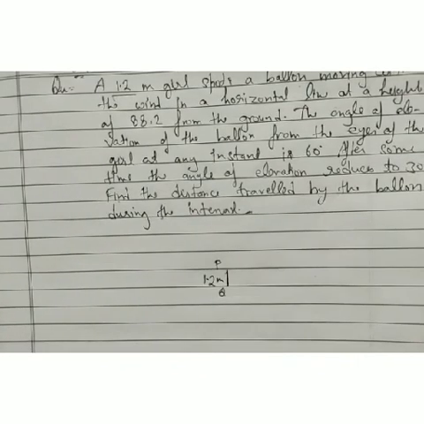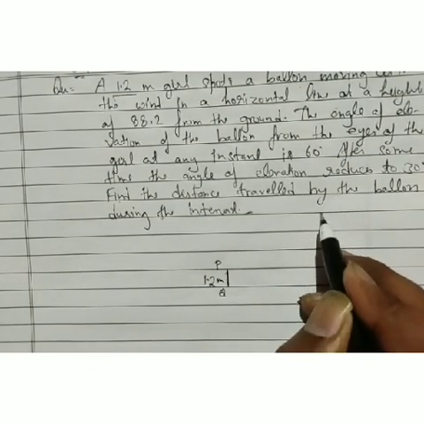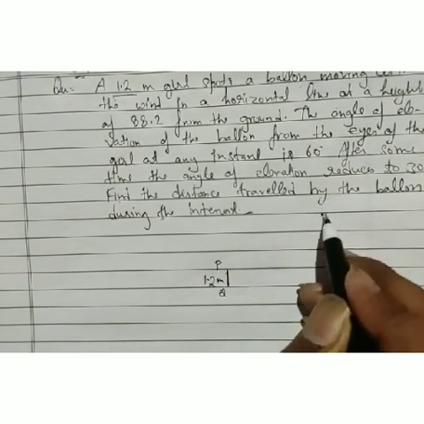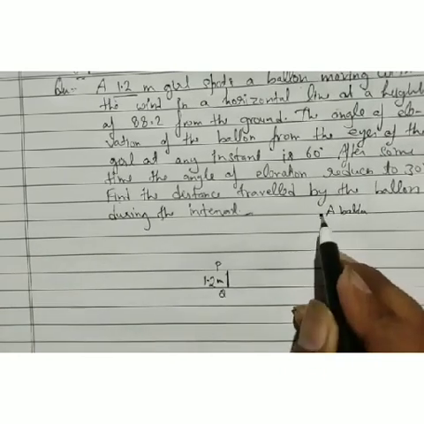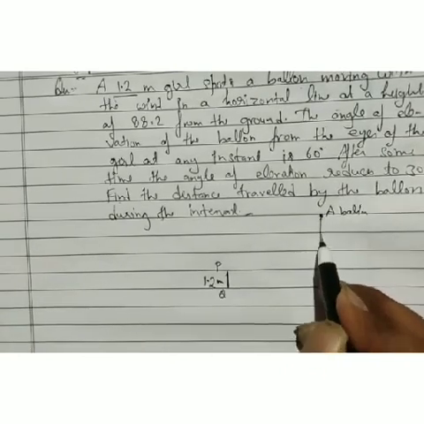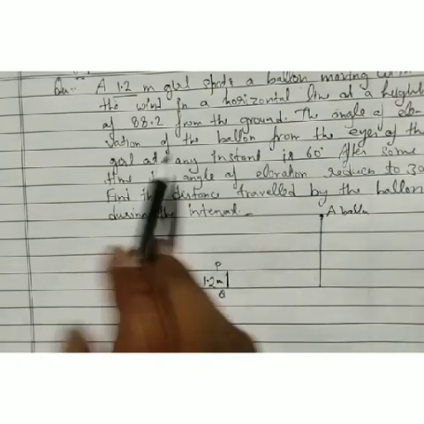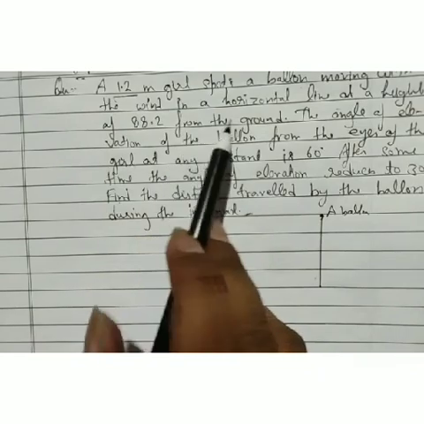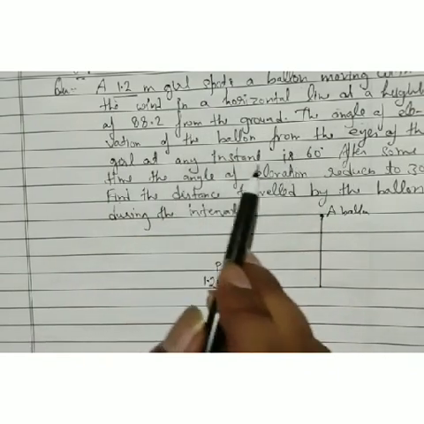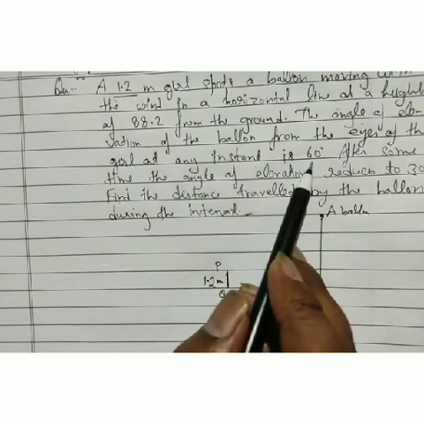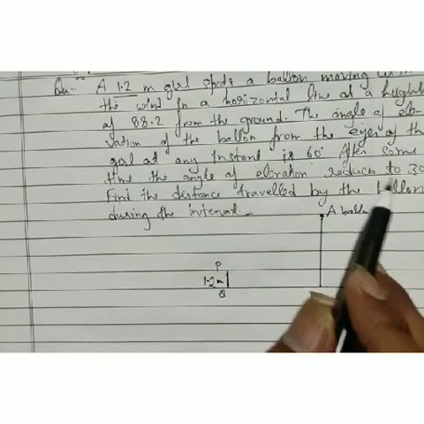Then look at the point A, where the girl spots the balloon. Then AB is our vertical height there, given as 88.2. The angle of elevation of the balloon from the eyes of the girl at an instant is 60 degree. After some time, the angle of elevation reduced to 30 degree.